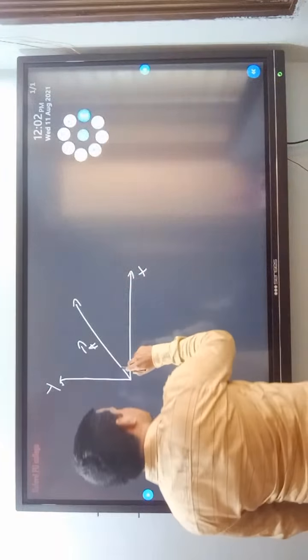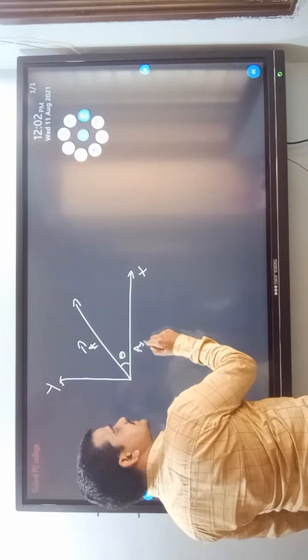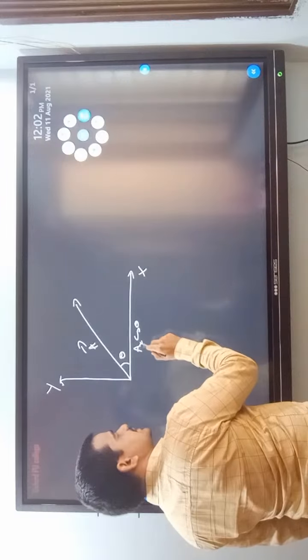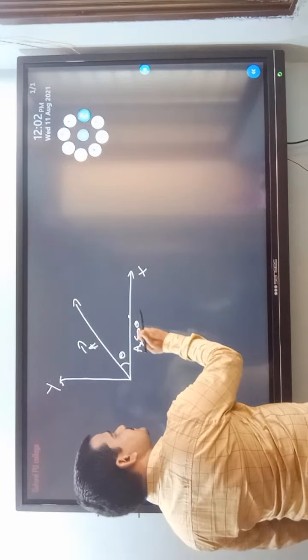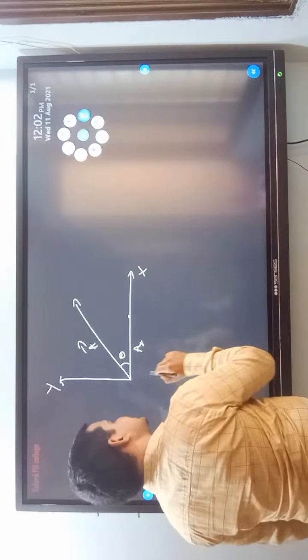So with this angle theta, this component is A cos theta, or simply I can write it as Ax. So Ax is nothing but A cos theta.